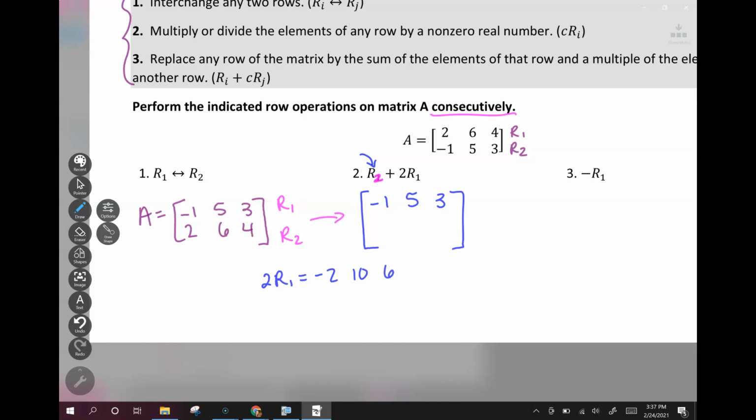So I'm doing 2 plus -2, 0. If you need to write that out, you can also do that within the matrix. You could do row 2, which is 2, plus 2 times row 1. And then in the second column, I'm going to have row 2, 6, plus 2 of row 1, which is 5.